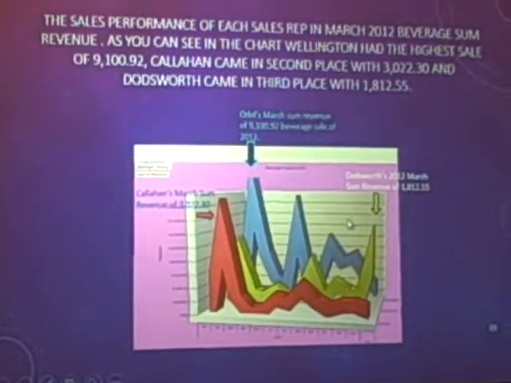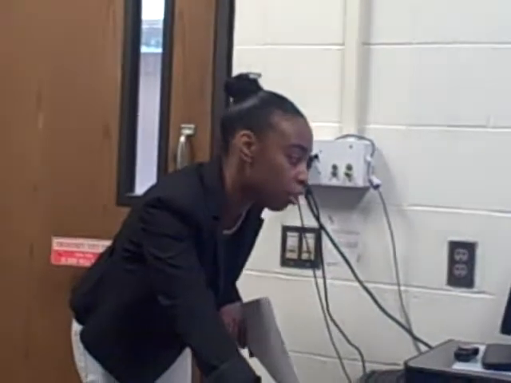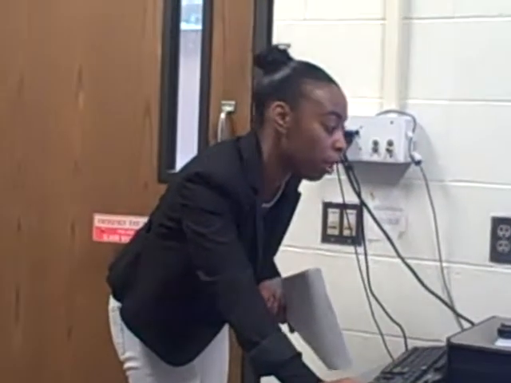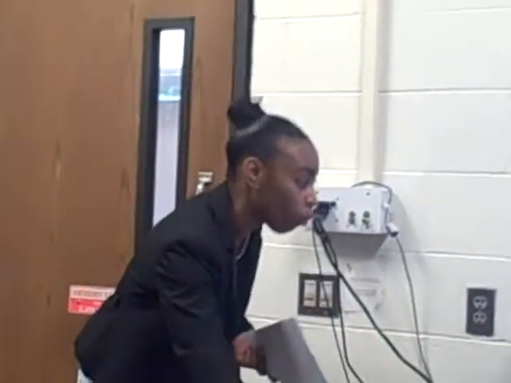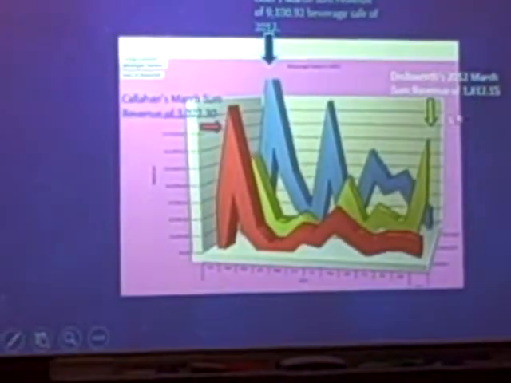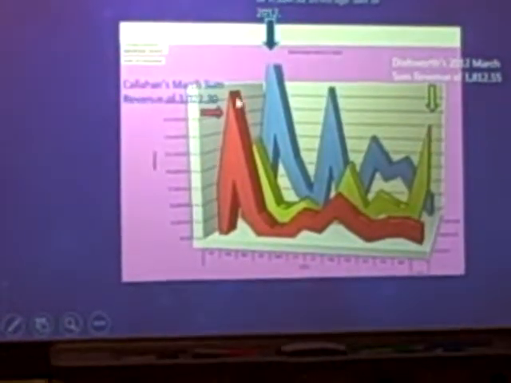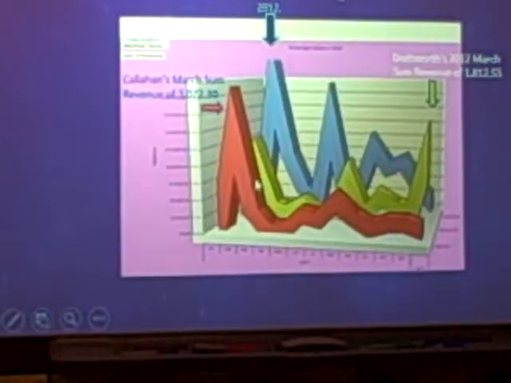The minimum sales was by Dodgeworth, also in March, of $1,812.55 in beverage sales revenue, and this is all done in the pivot chart.